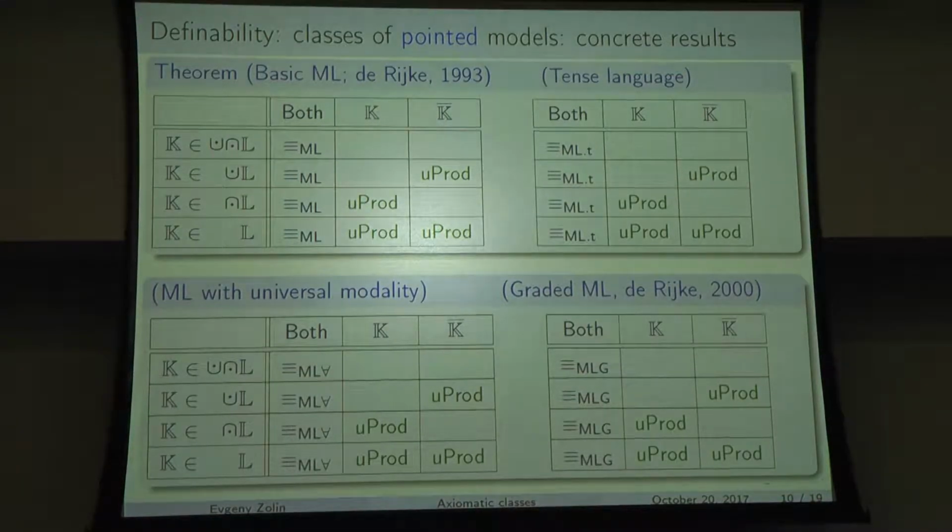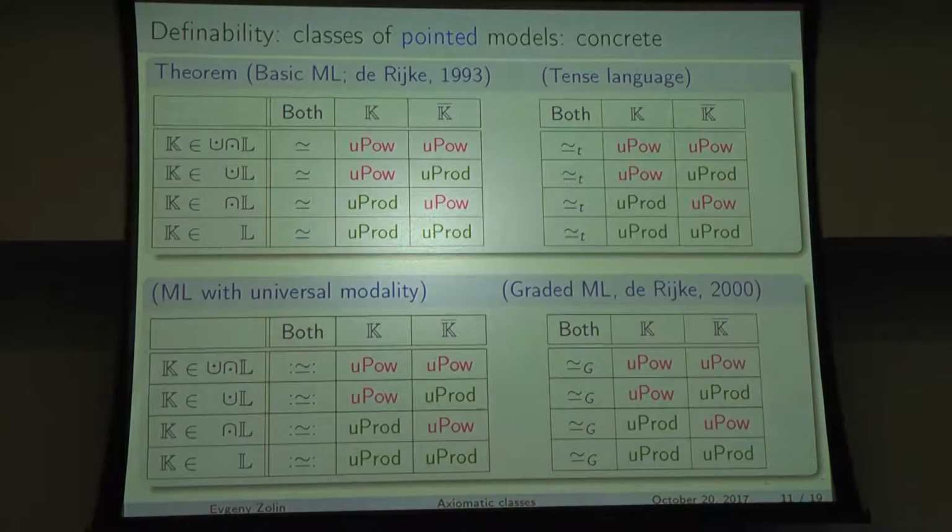All these results were considered before, but now we can obtain them from a single general result. And if we want to get rid of linguistic relations in favor of the bisimulation relation, the corresponding bisimulation relation for each particular language, then we can do this again at the price of adding ultrapower at every empty cell.